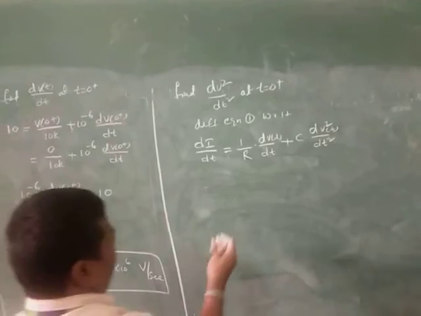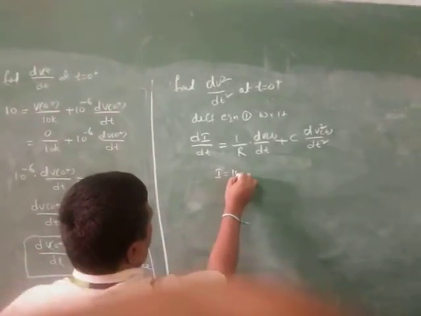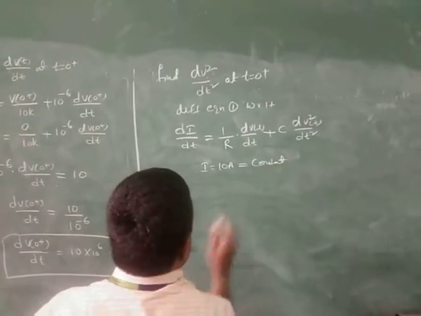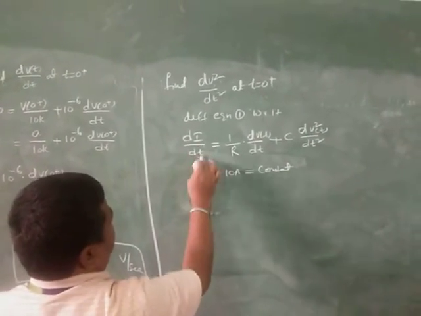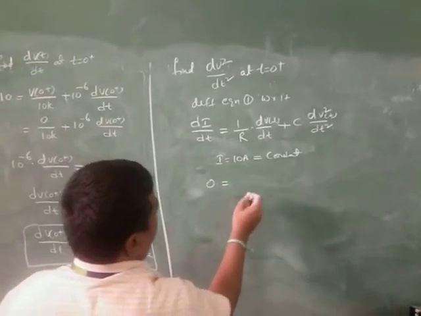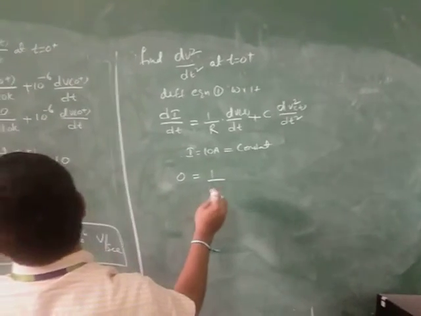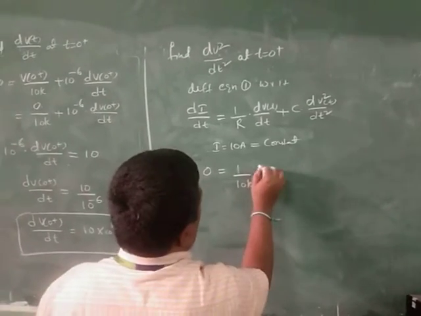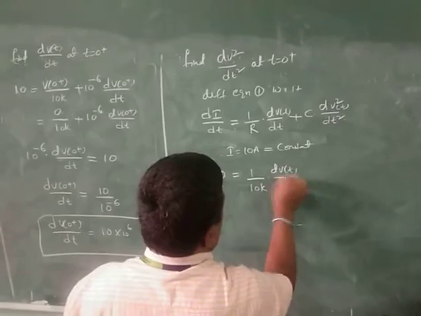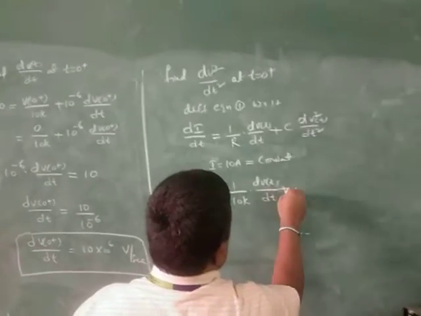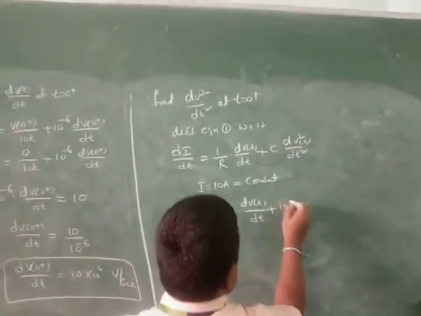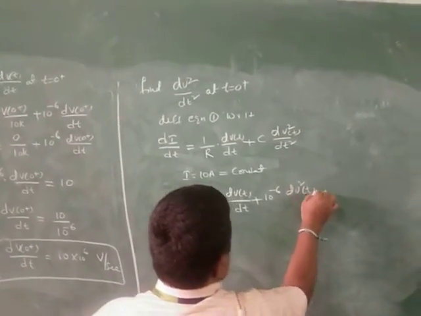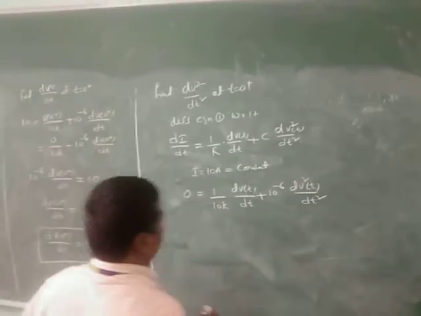Here the given current I is constant, I is equal to 10 amperes, that is constant. So the derivative of a constant is equal to 0. So 0 is equal to 1 by 10K into dV of t by dt plus C, 1 micro, 10 power minus 6, d square V by dt square.